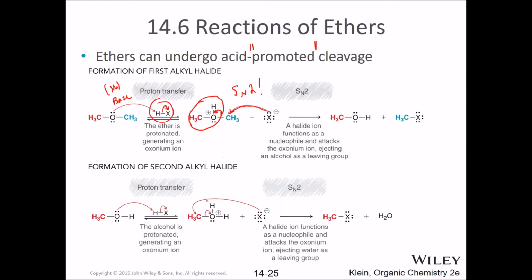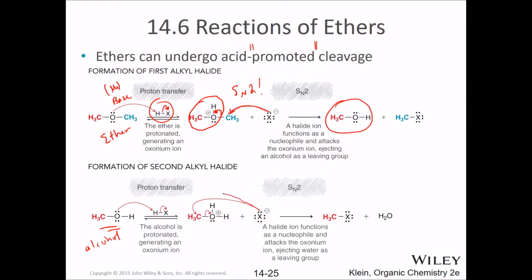All right, now if we have extra acid, if we have lots of acid, then what will happen is this alcohol will do it again, right? So this was an ether, right? You see that? This is an alcohol. Okay? This will come in and do it again.